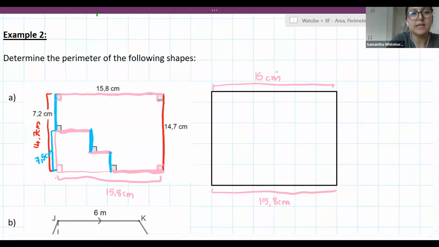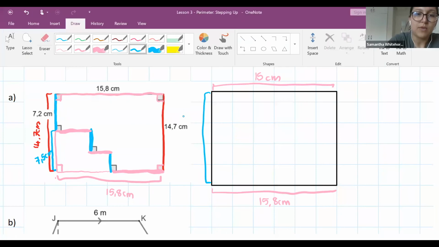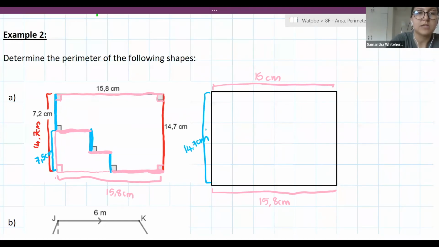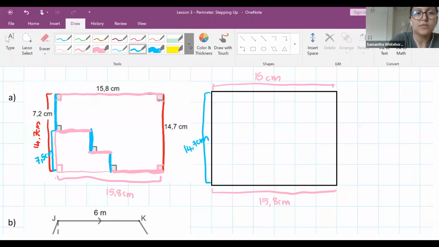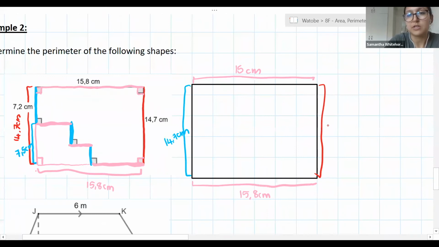And the two side lengths, the blue along the left and what I was given on the right, are 14,7 centimeters. Through all of that, I'm able to determine the perimeter of this shape.